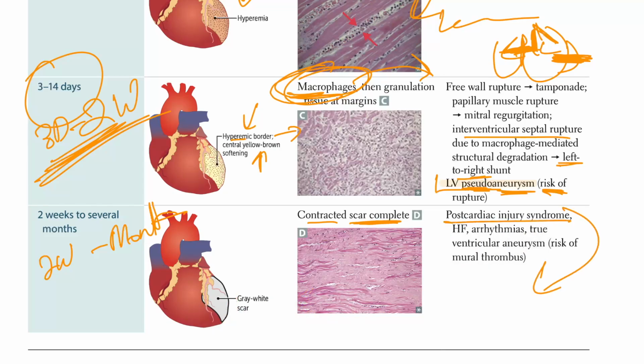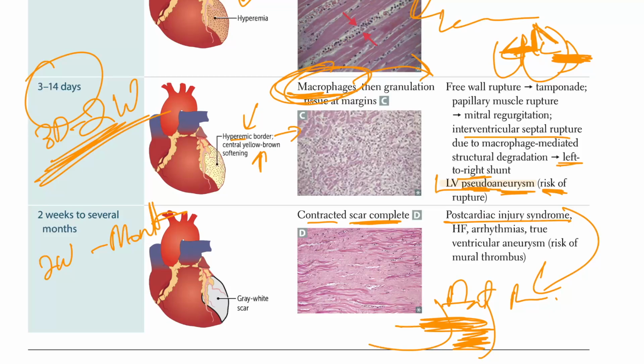And now let's talk about post-cardiac injury syndrome, which is also known as Dressler syndrome. It is autoimmune pericarditis, which only occurs if there is transmural inflammation, right? So inflammatory cells will go into the pericardium, which is right here.